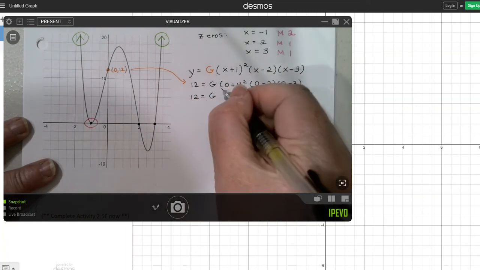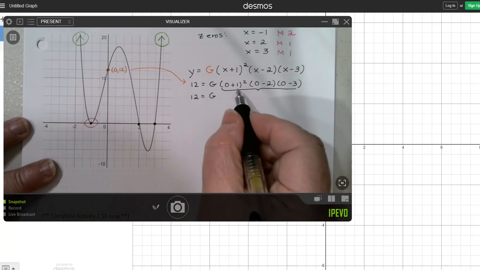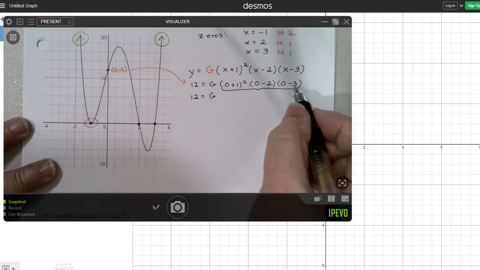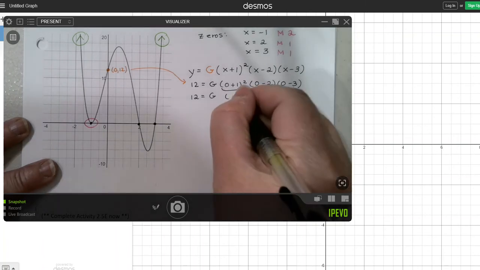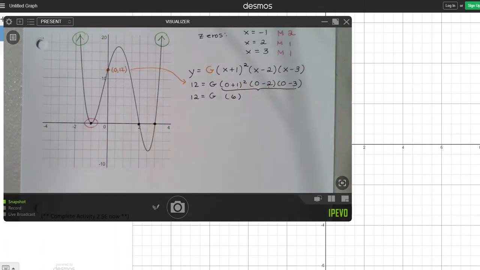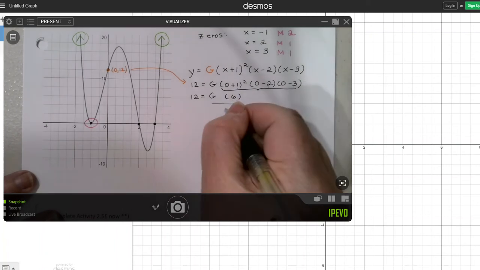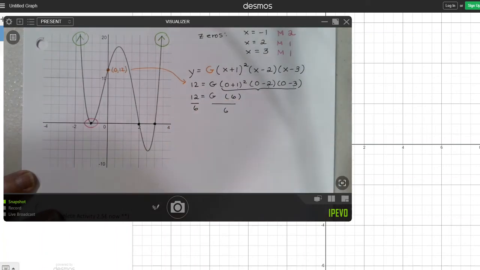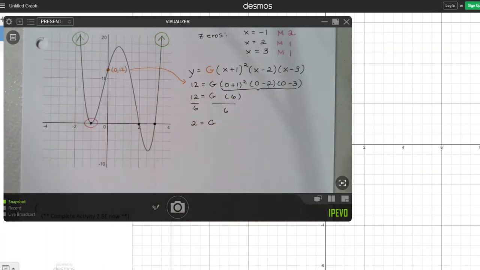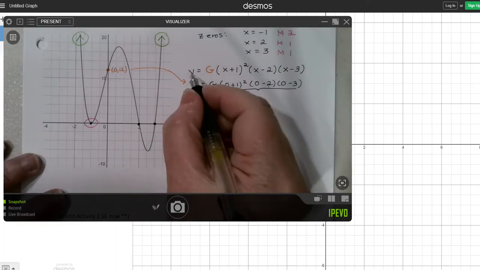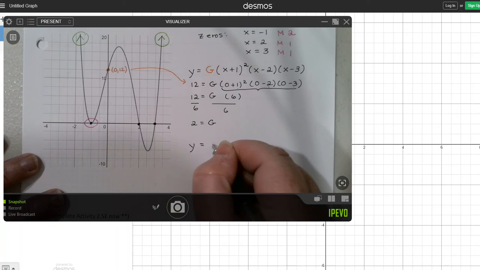So let's see, 12 would be g times 1 times -2 times -3 would be 6. And so if I divide both sides by 6, I can see that g is 2. So my common factor did have a vertical stretch of 2 on this one. And I can say my final answer then is going to be y equals 2 times all of that.